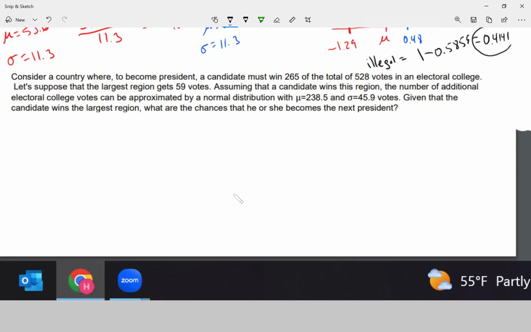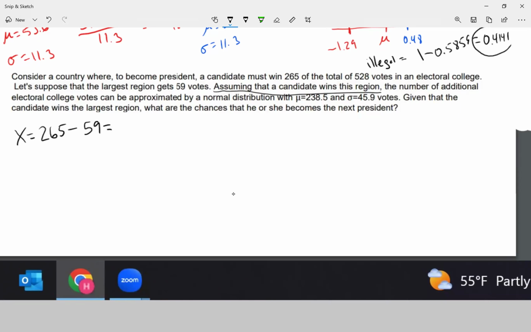Okay, so they need to win 265 votes, right? There's a total of 528, but they need to win 265. Remember, it says assuming that a candidate wins this region, the 59 votes. So those are given. So my X value, what I'm going to be checking, is out of the 265 votes, let's say this candidate already won the 59 votes.